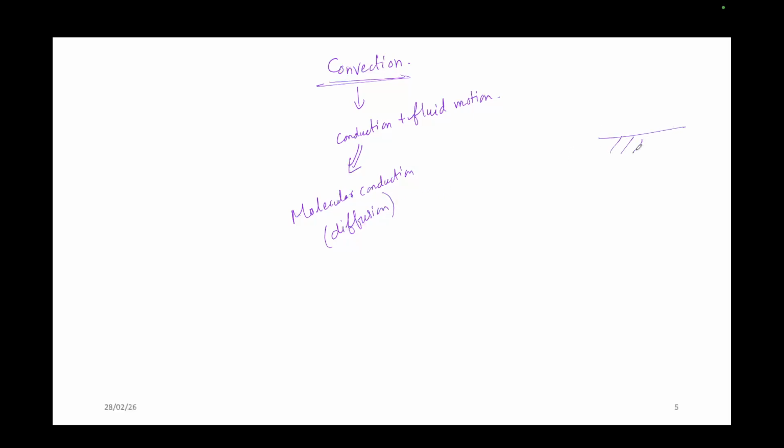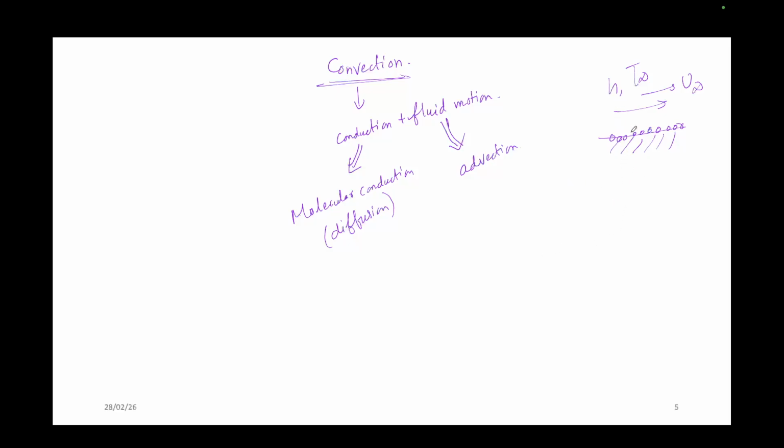If it is a surface and here the fluid is flowing with u infinity, h, t infinity, there are certain molecules on this wall. How they are diffusing the heat is important for convection. Okay. And for the fluid motion, this term is known as advection. So this is a combination of both these two.